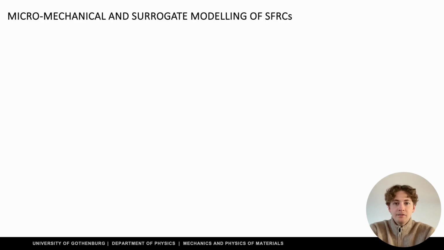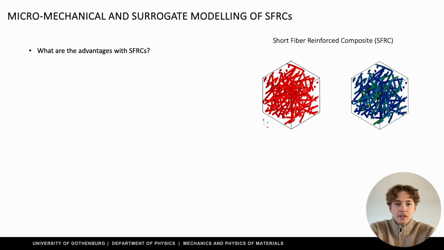This study focuses on short fiber reinforced composites, or SFRCs. Short fiber composites are essential in various industries such as aerospace, automotive, and civil engineering. But what are the advantages of using short fiber composites?